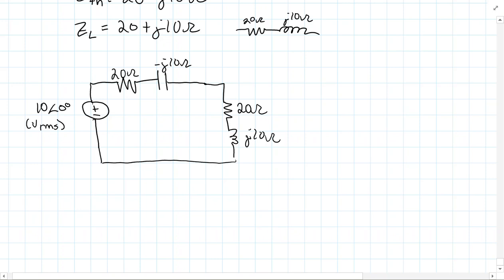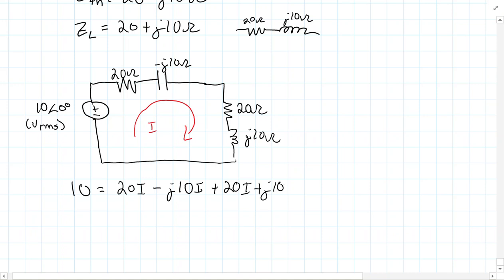Now, you could compute the power in a lot of different ways here, but if you think about this, if I have a circuit that's like this, actually computing my current here is going to be very easy to do because it's a series circuit now. And not only is it a series circuit, but you would have 10 volts is equal to 20I minus J10I plus 20I plus J10I.